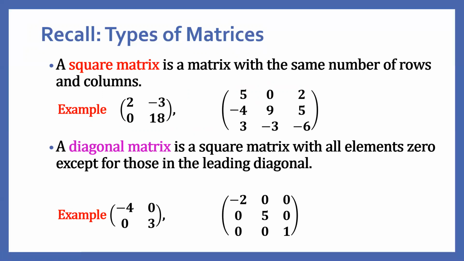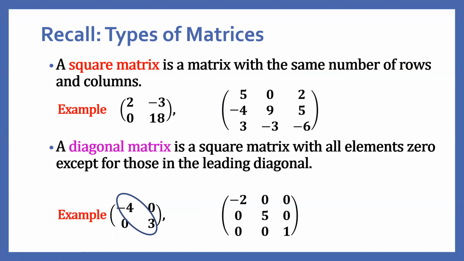Now, a diagonal matrix is a square matrix with all the elements 0 except for those in the leading diagonal. What is the leading diagonal? So here is the leading diagonal. In the leading diagonal, the elements are not 0, but all the remaining elements will be 0.